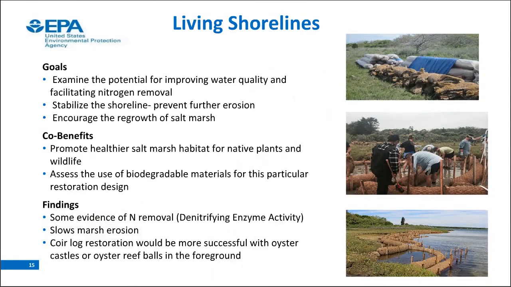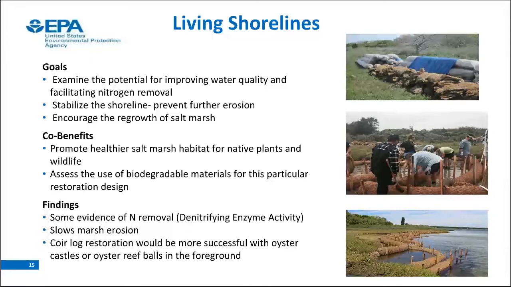On the living shorelines front, we wanted to look at whether you can reduce salt marsh loss and erosion, potentially also increase denitrification and stabilize shorelines, with the goal to promote healthier salt marsh habitat and also evaluate the use of biodegradable materials. So everything used in this experiment was biodegradable. The big curving logs in that lower right picture are made of coconut fiber.